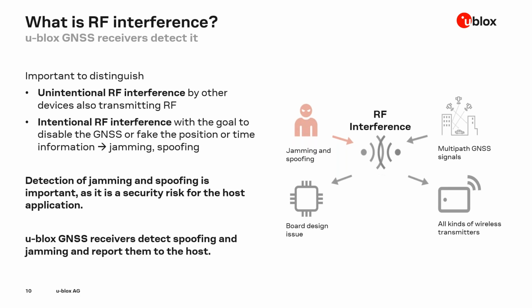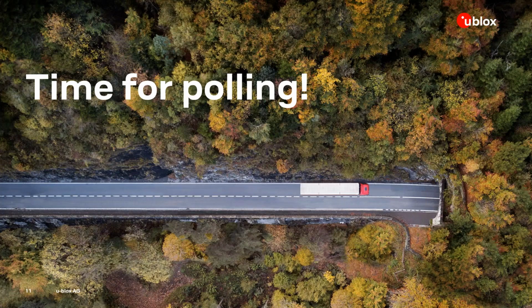And then it's quite important to detect it, and especially jamming and spoofing, as it is a security risk we just discussed. The U-blox receivers detect a spoofing and a jamming attack and report them to the host or to the application board. Okay, that's it for the quick introduction here.